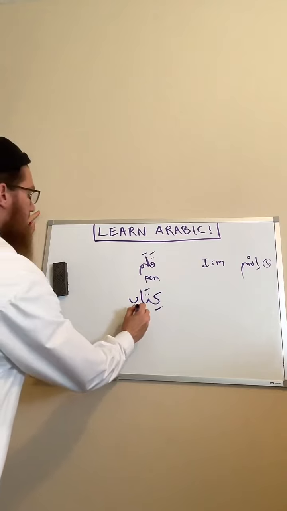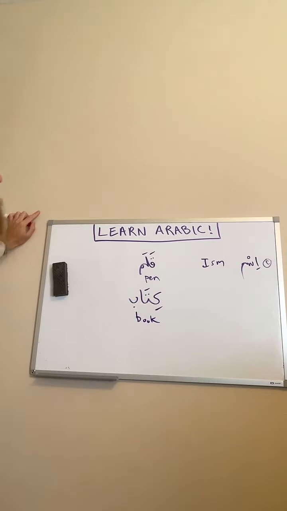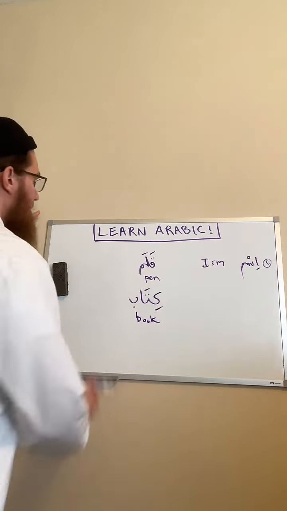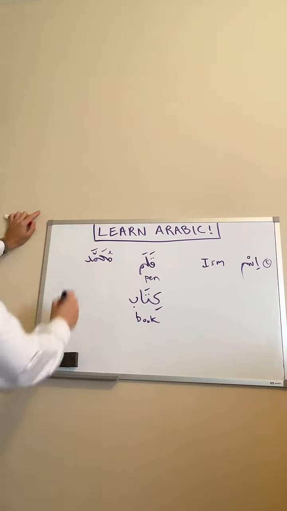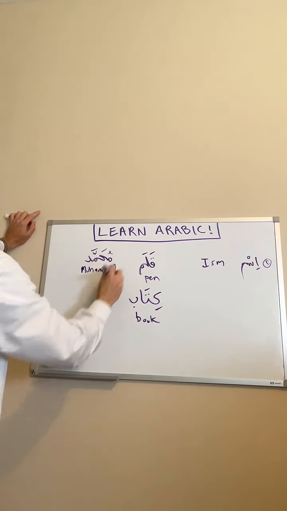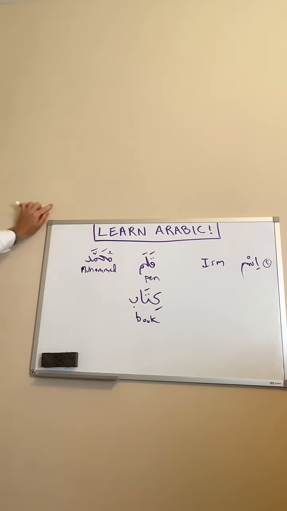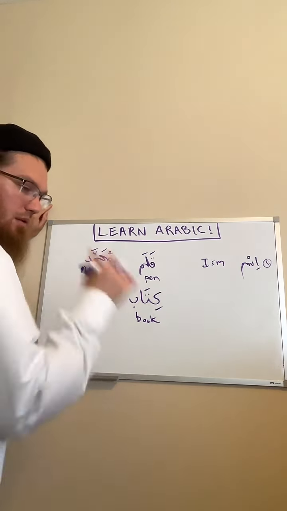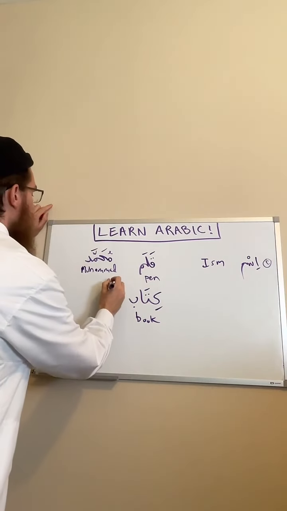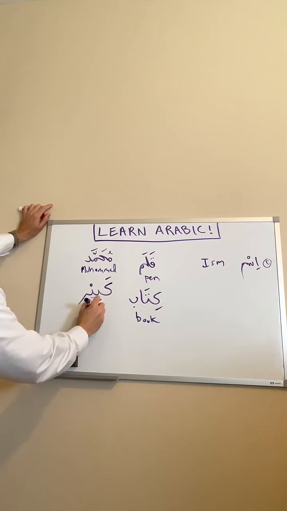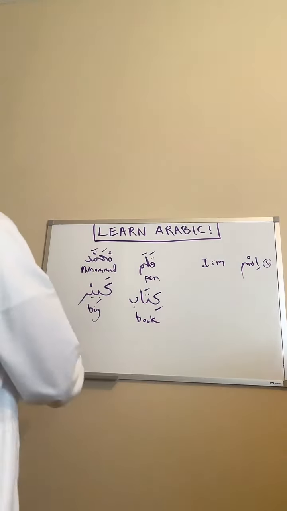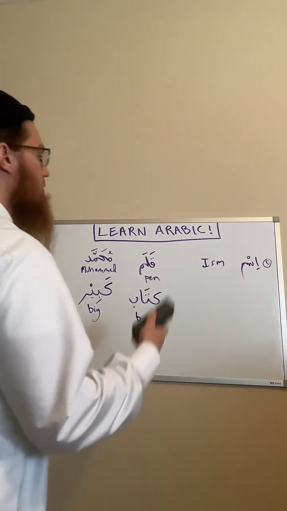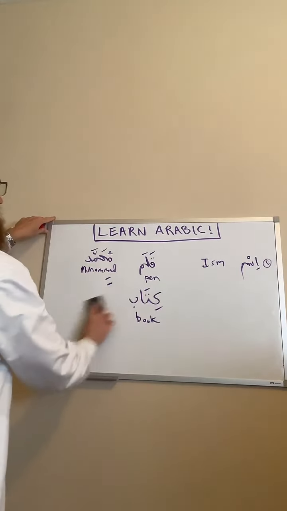Kitab, book, has a complete meaning, no relation to time. There are also names. Muhammad, the name Muhammad has a complete meaning, no relation to time. Also adjectives. Kabir means big. Complete meaning, no relation to time. So this is the ism. Once we know the ism, we want to build our vocabulary and memorize words.